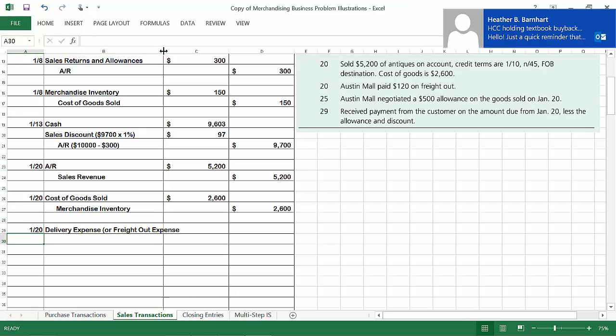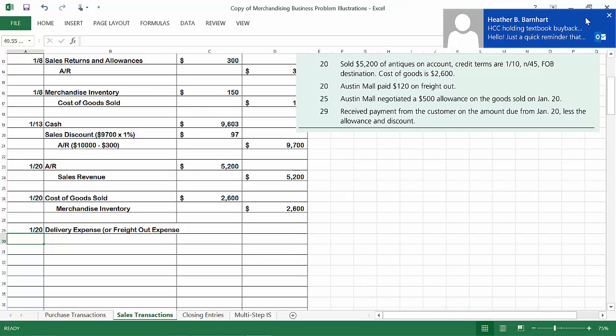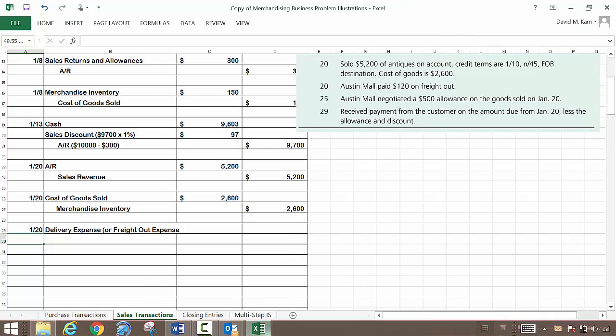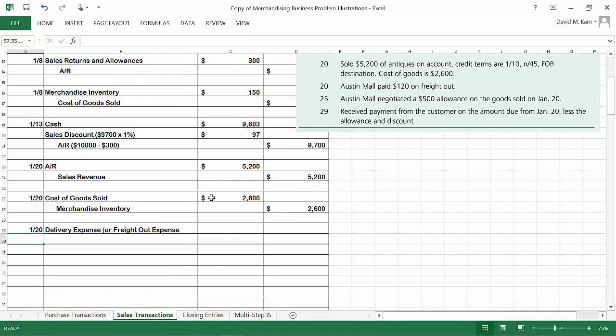Let me make this a little bit larger for us here. There we go. Sorry about that. So let's see what we have here. You could use either one of these accounts.